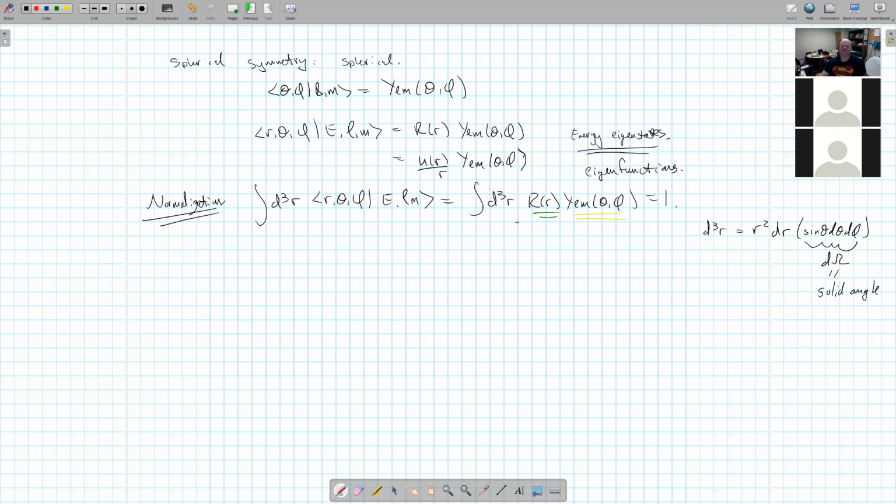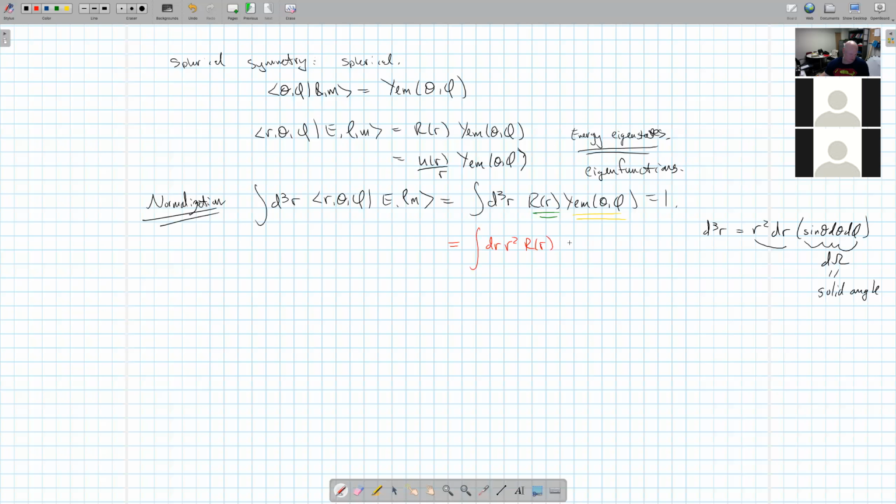Since d3r splits up into a radial portion and an angular portion, and our wave function is split into a radial portion and an angular portion, these two things can be normalized independently from each other.